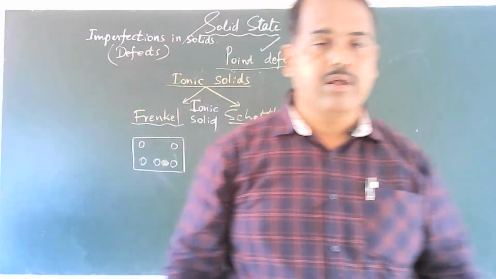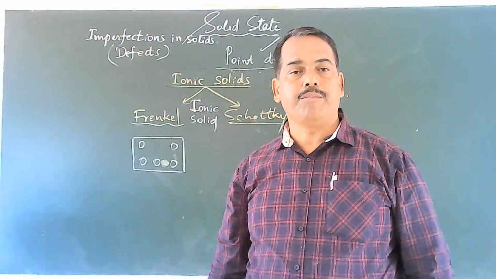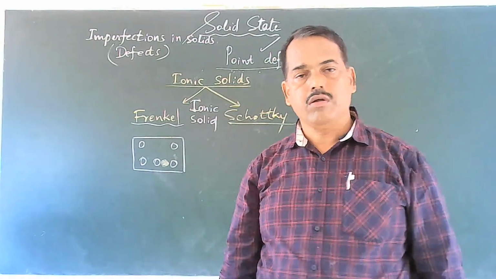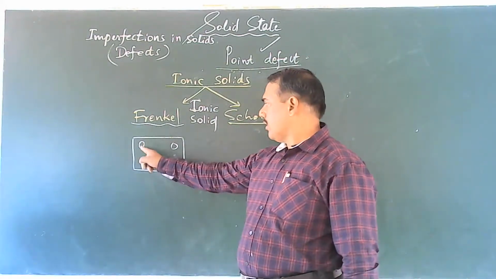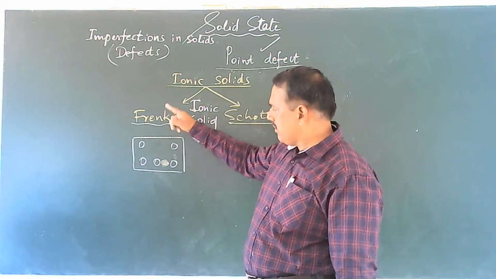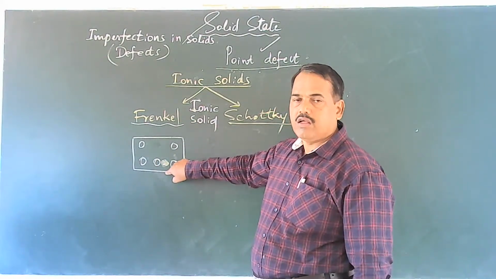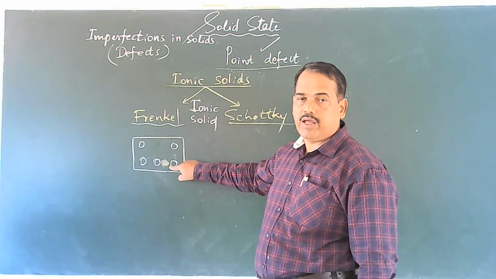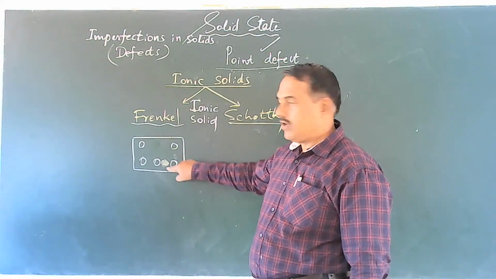What about the density in Frenkel defect? Density remains the same. Why? Because one of the particles is missed at one position and it is in the same lattice. Here we can find the vacancy defect and here we can find the interstitial defect.